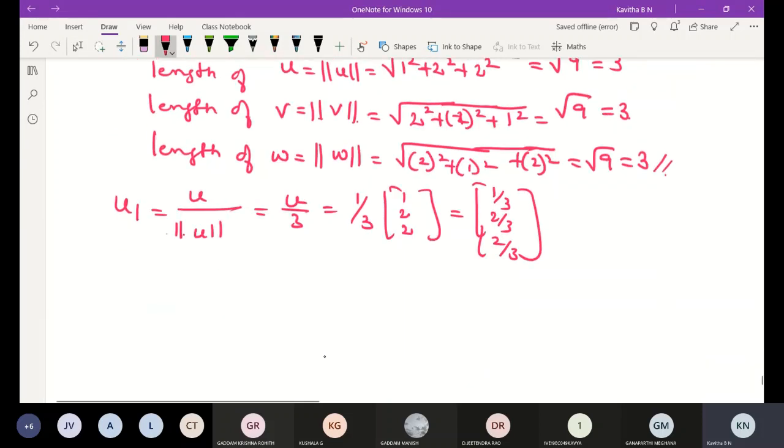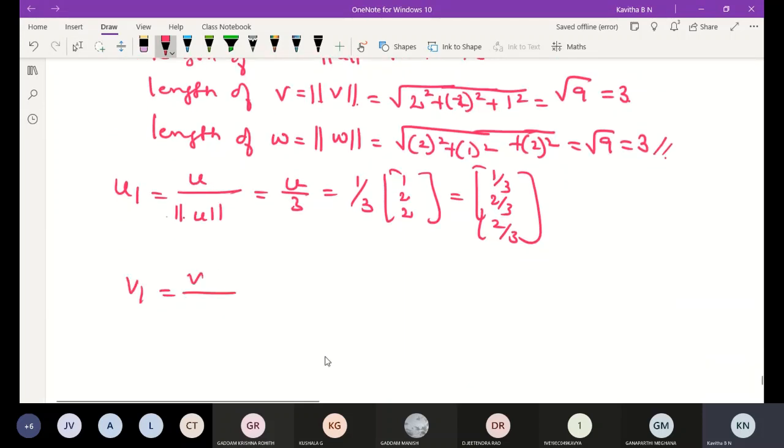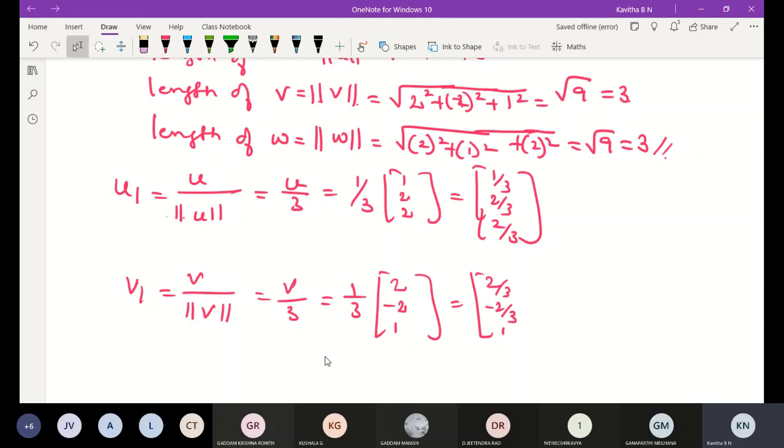Then v1 is equal to v by 3, v is 2, minus 2, 1, means 2 by 3, minus 2 by 3, and 1 by 3.